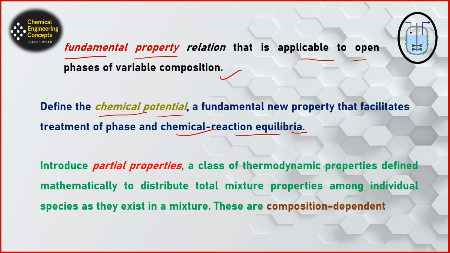After that, I will introduce you to the partial properties. So friends, the actual meaning of partial properties and their applications we will also learn in this series. Partial properties generally are introduced as a class of thermodynamic properties that are defined mathematically to distribute total mixture properties among individual species as they exist in the mixture.